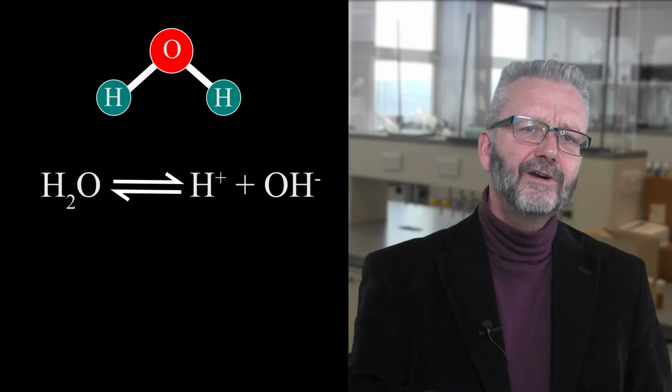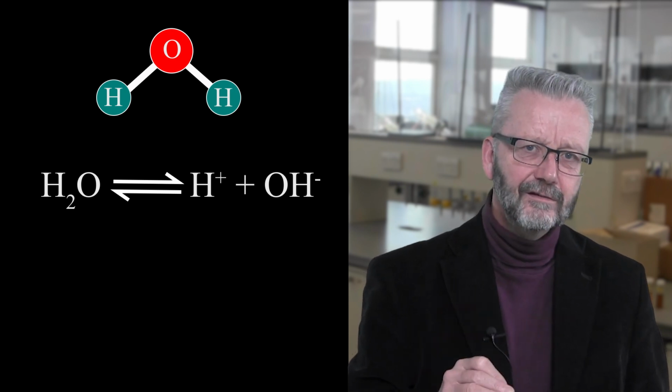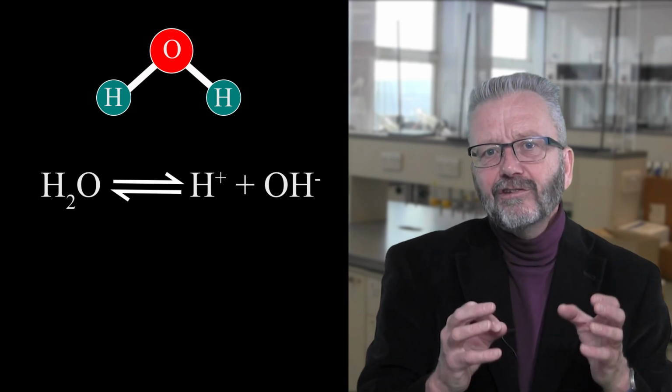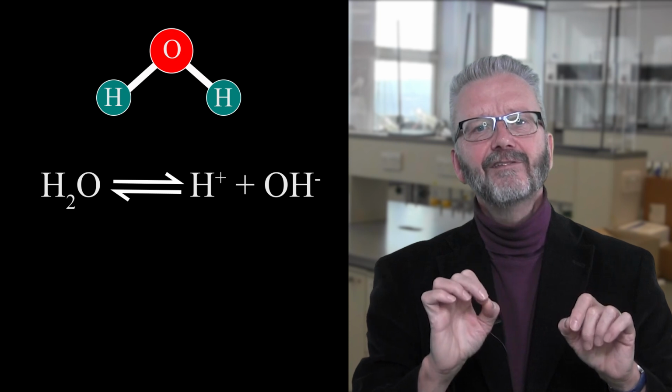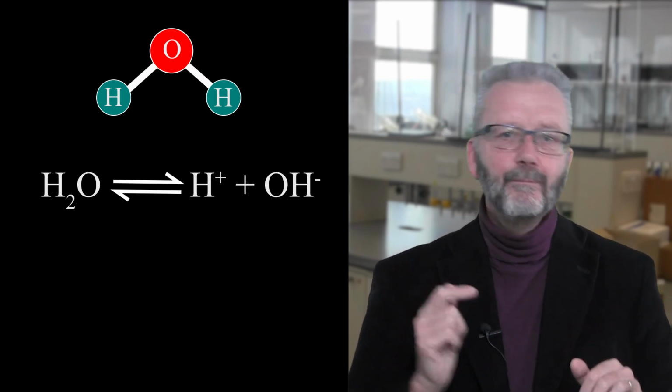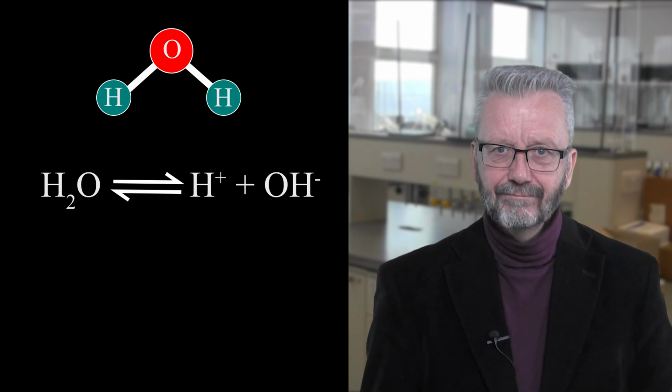Now, when the system reaches this equilibrium, the concentrations of the ions are constant. It's not that the reactions have stopped, it's that the forward reaction is producing the ions at exactly the same rate as the back reaction is consuming them and making water molecules again.